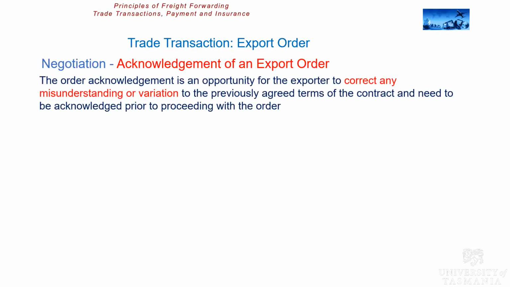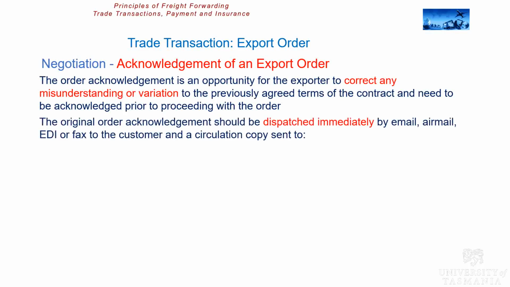So the next step for the seller of the goods, the exporter, is to acknowledge that export order. And if there's anything in regards to the investigation that looks different between the pro forma invoice and the final purchase order, so if any of the previously agreed terms of contract are incorrect or you're uncertain about those, prior to acknowledgement of the export order, they need to be sorted out.